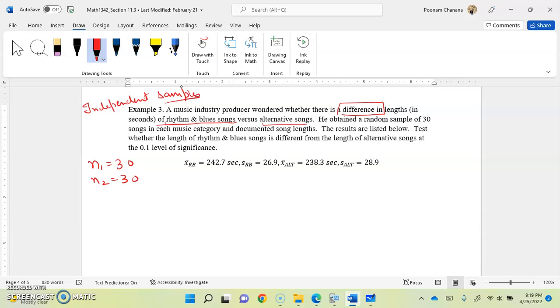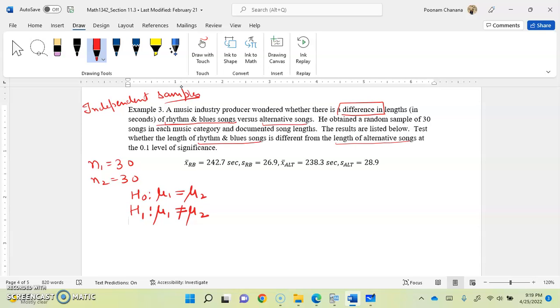Test whether the length of the rhythm and blues songs is different from the length of alternative songs. So the alternative hypothesis is mu1 is not equal to mu2, and the null hypothesis is mu1 is equal to mu2.